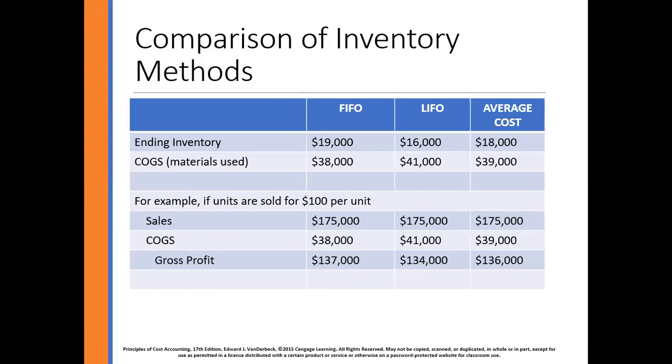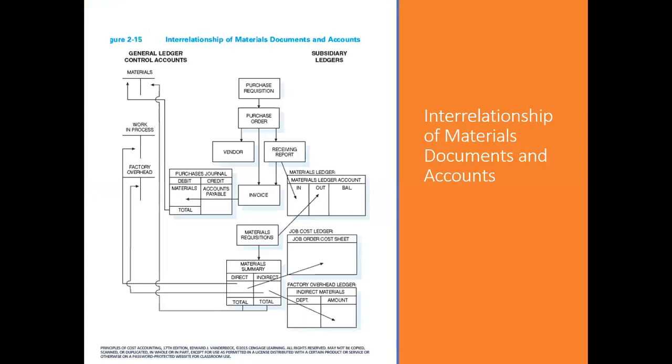And then also gross profit will be a little bit different depending on the method. So just keep that in mind. Each one of them is an acceptable way to do it, but FIFO is used more often.